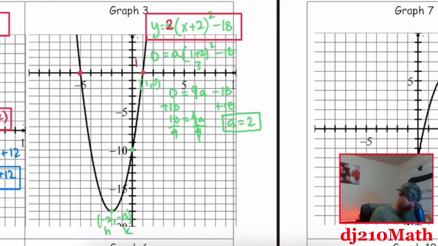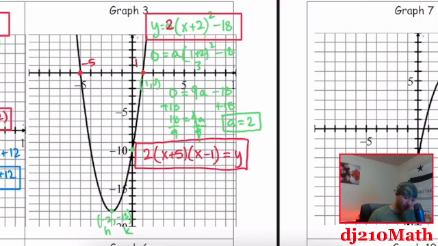So 1 and -5. Remember, it's the opposite. So x plus 5, x minus 1 equals y. And then the a out front. A in this case is 2. So this is x-intercept form because we use the x-intercepts.